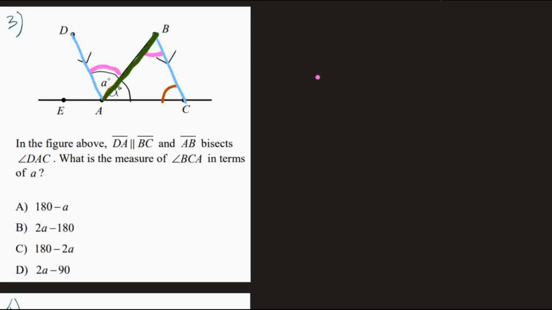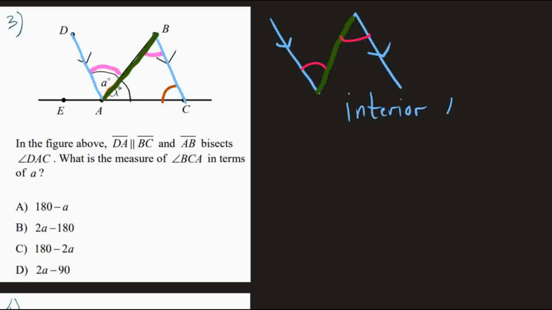This is the property of interior angles. You can see the characteristic is the Z shape. Now this angle will always be equal if this is parallel, interior angle. If this is A, this is B, so A degree equals B degree.